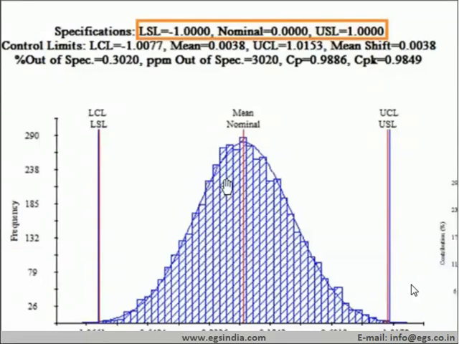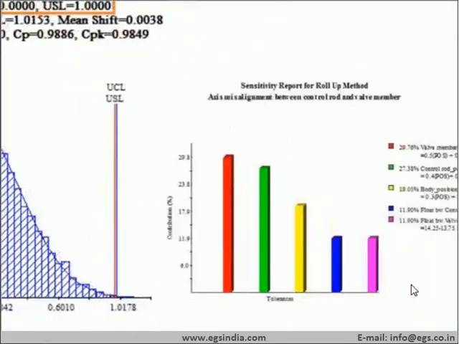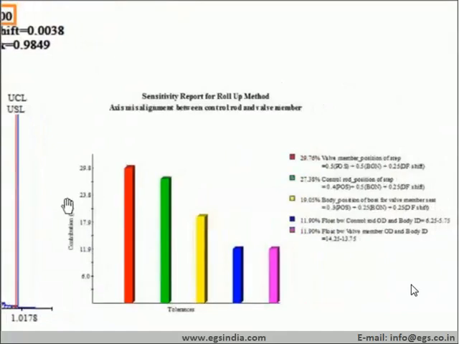As a result of which the yield of the line needs to be factored in a priori, that is in the beginning itself. And you need to understand what are the sensitivity parameters that are going to influence the cost of poor quality.